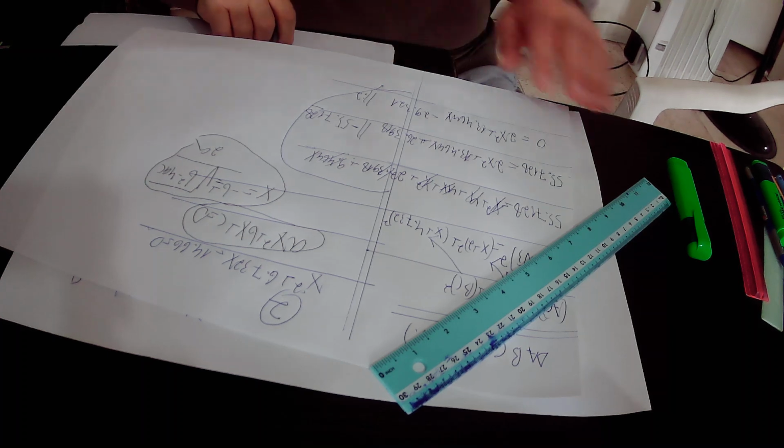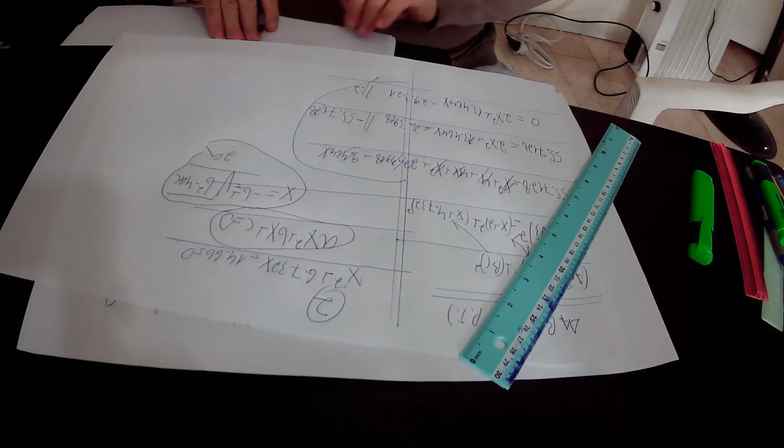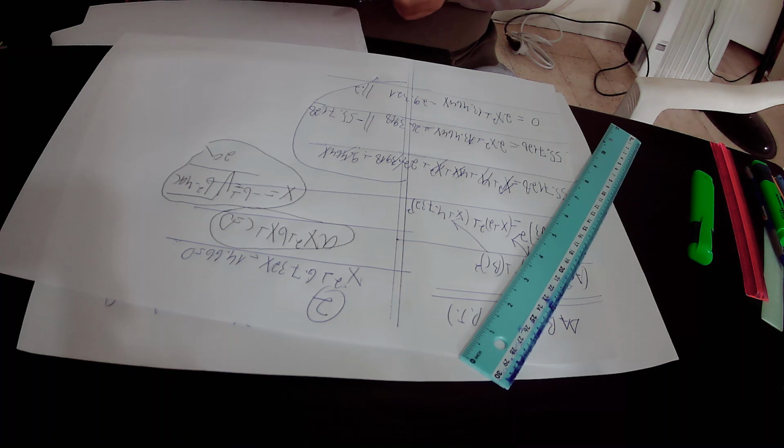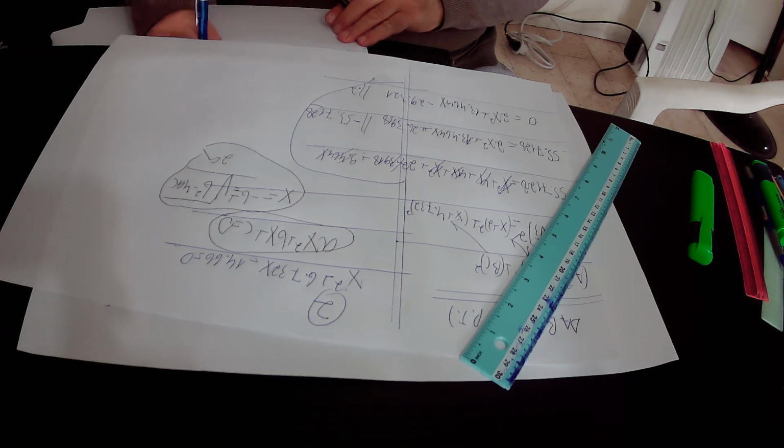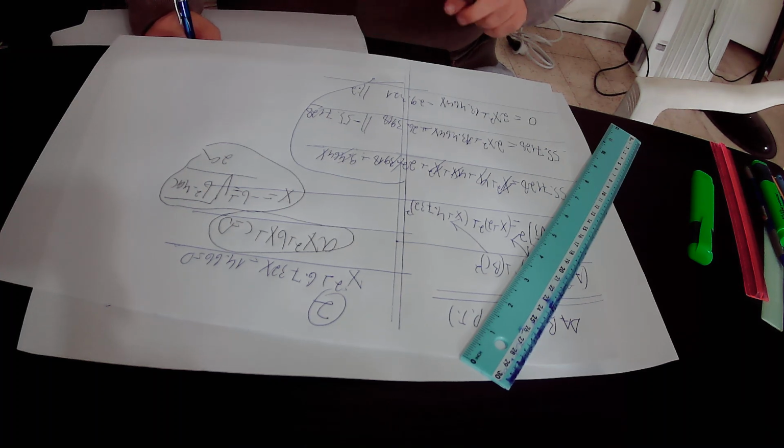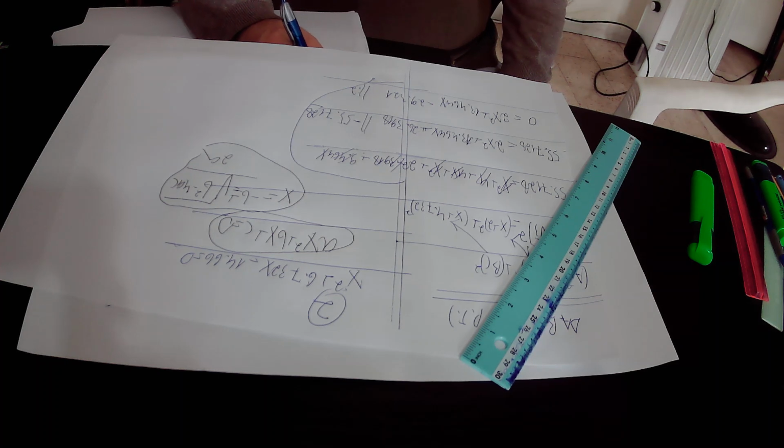Now a specific quadratic equation, that is to say x squared plus 6.732x minus 14.66 equals 0.